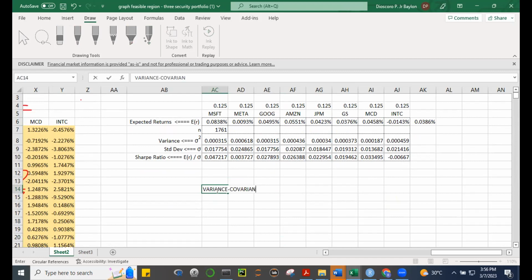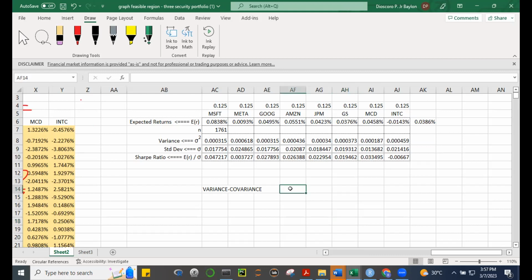What we will be needing is what we call the variance covariance matrix. And the variance covariance matrix, there's a matrix formula for that. The variance covariance matrix has this form.